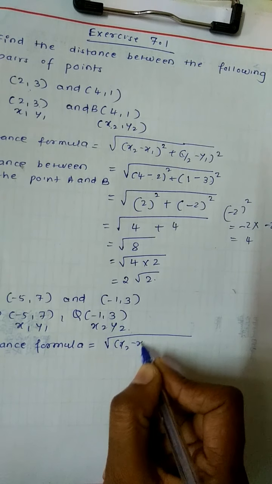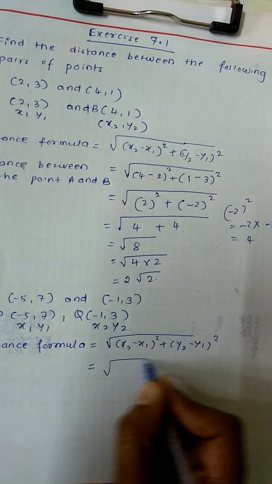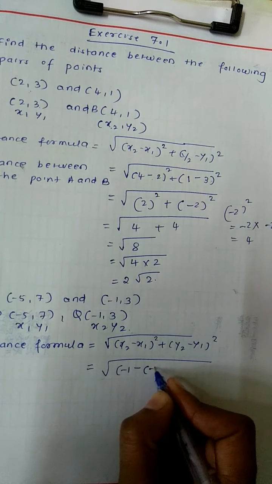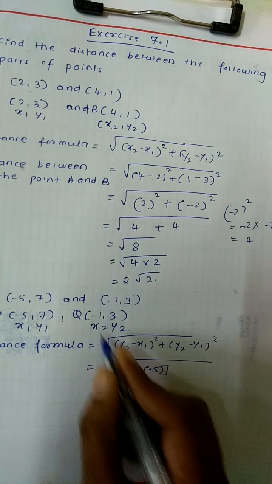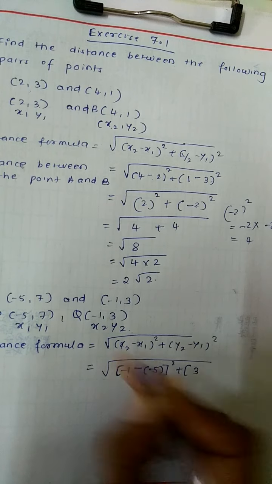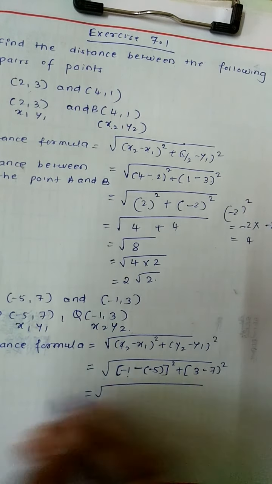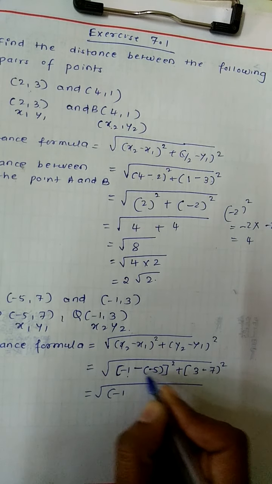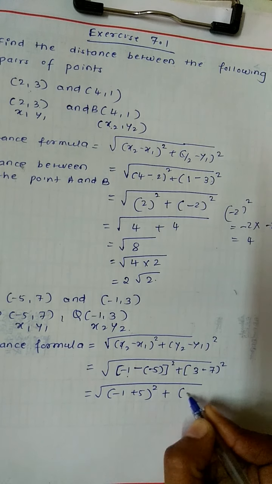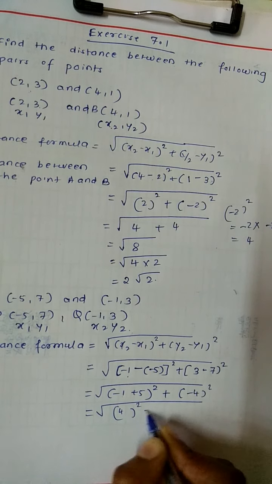So (x2 minus x1) squared plus (y2 minus y1) squared: x2 is minus 1 minus x1. x1 has a negative sign, so I'll put it in brackets. x2 is minus 1, subtract x1, which is minus 5, squared, plus y2 is 3 and y1 is 7, so 3 minus 7 squared. So minus 1 plus 5 is 4 squared, plus minus 4 squared, under the root.